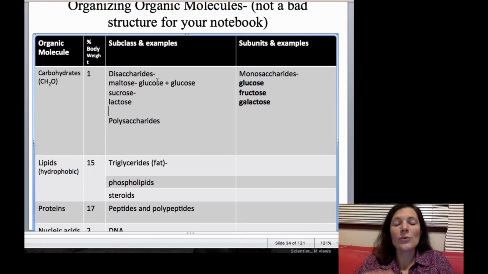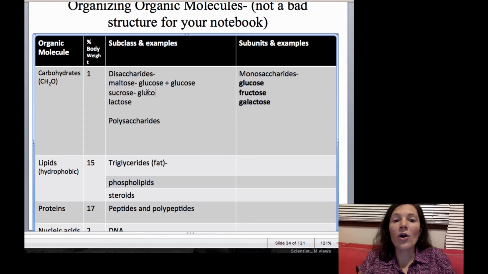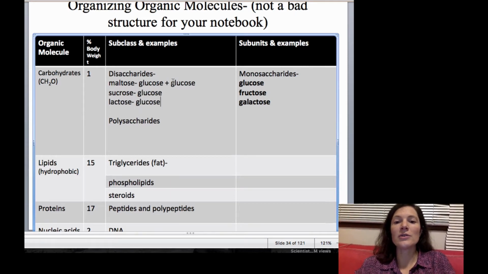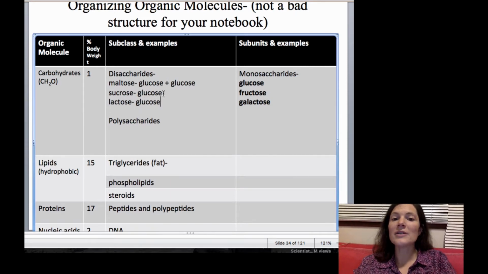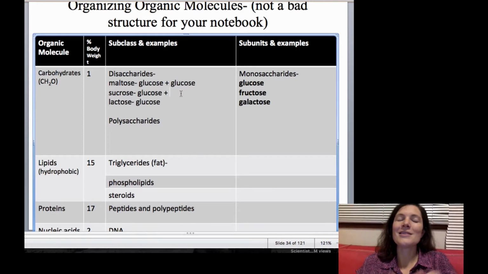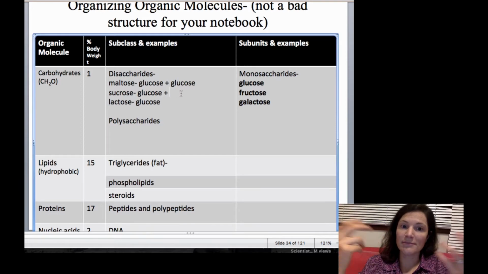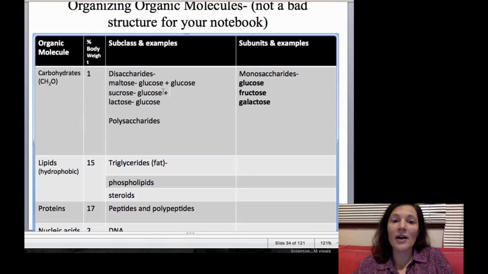These common disaccharides, you can just remember that they're all glucose and something else. So maltose is glucose and glucose. Sucrose, I always think about this as literally what you eat when you eat sugar, like the white stuff that you cook with or whatever.